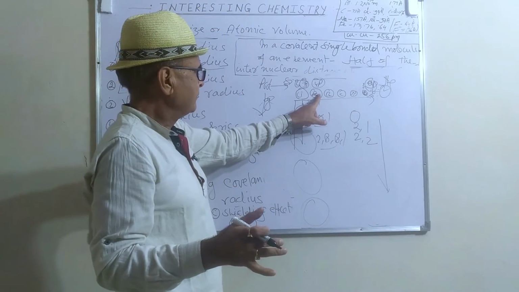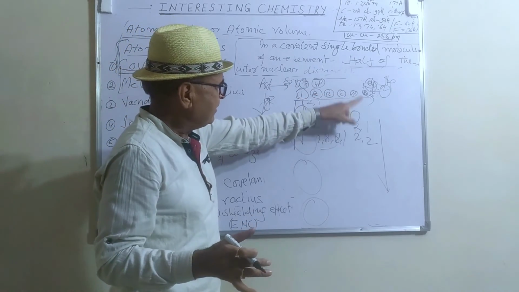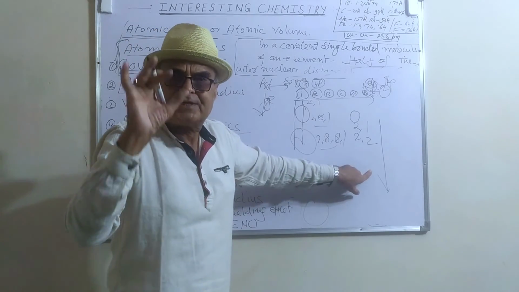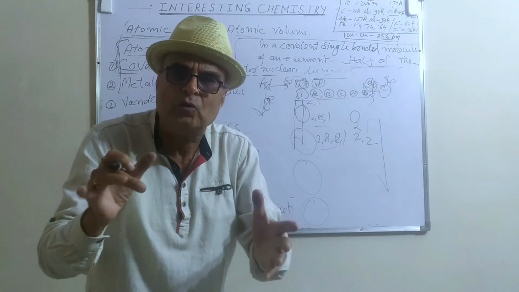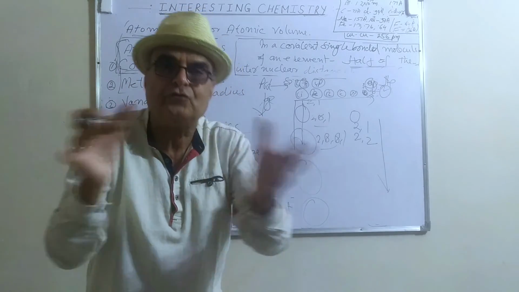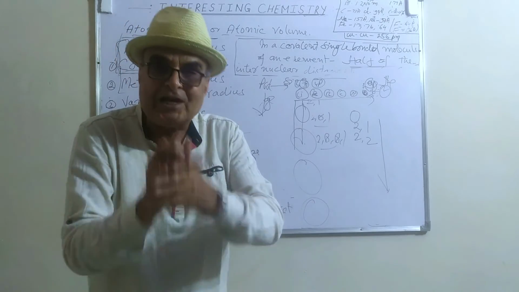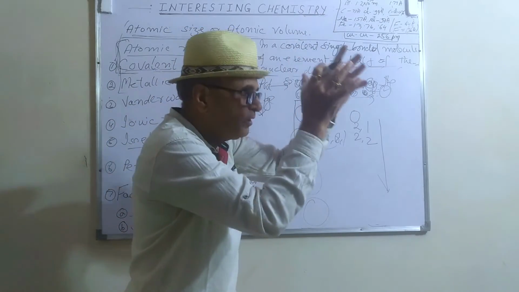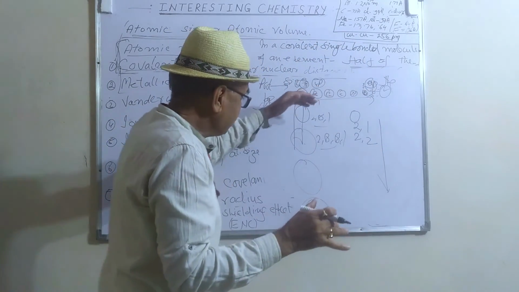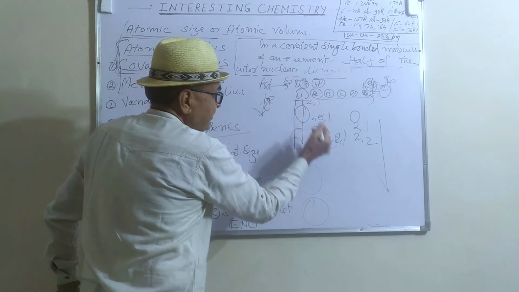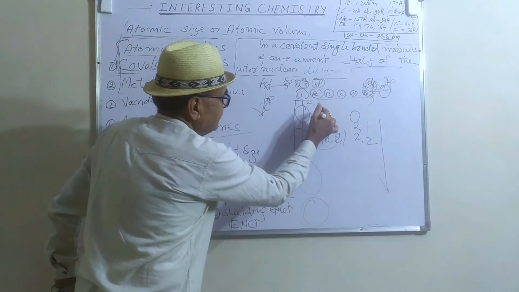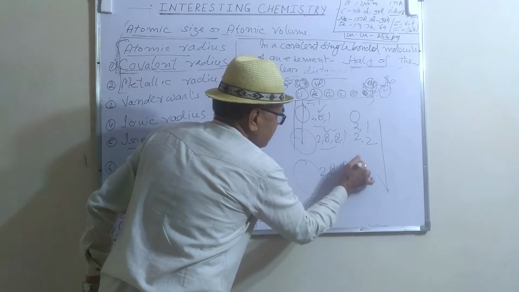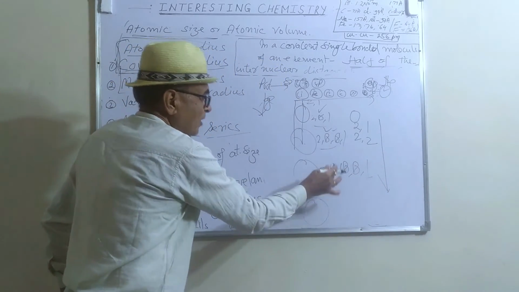Third point, which is most important. Across a period, the incoming electron is added in the same shell. It doesn't create any new shielding effect. That's why the effective nuclear charge of the nucleus will increase and it will attract more, so the size will become smaller. But going down a group, the number of inner shells increases.